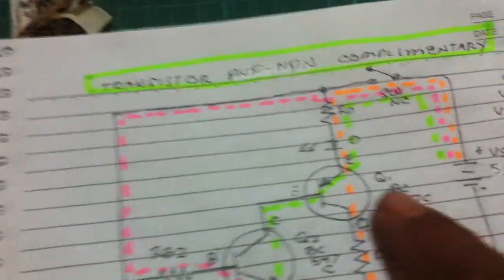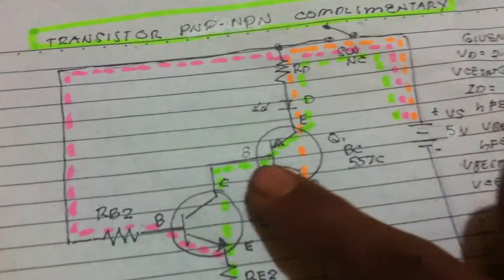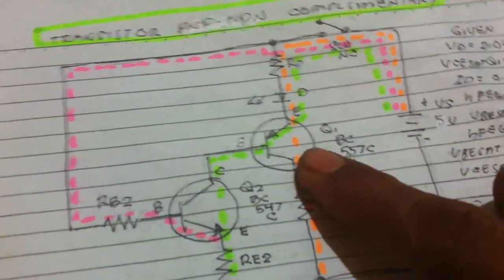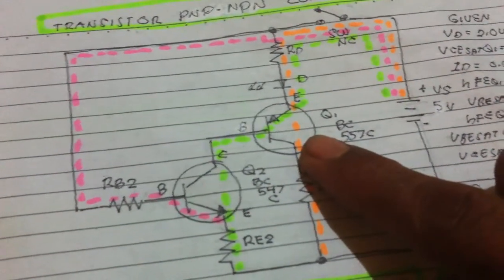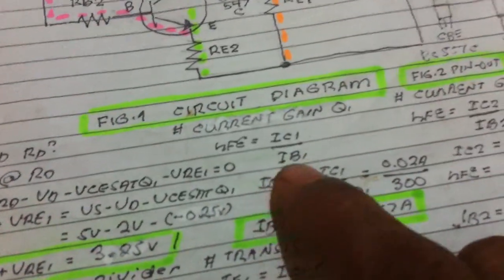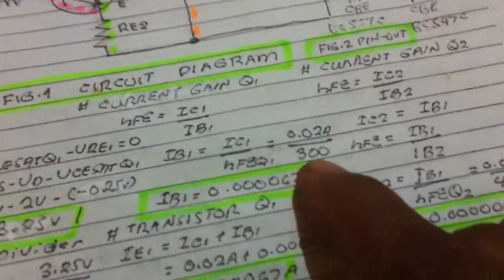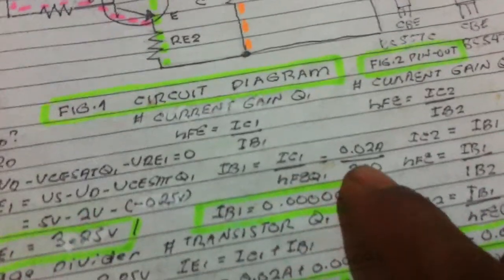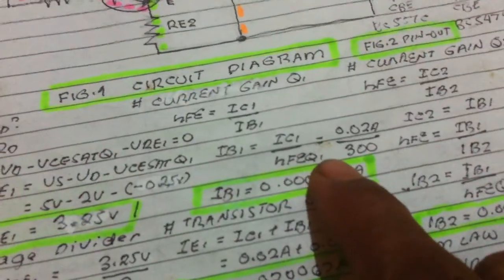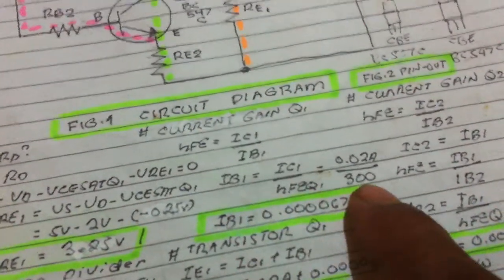Let us now find the current gain at transistor 1. Using the current gain formula, hFE is equal to IC1 over IB1. Since we know the collector current is the LED current, and hFE of the first transistor is 300 from the data sheet.